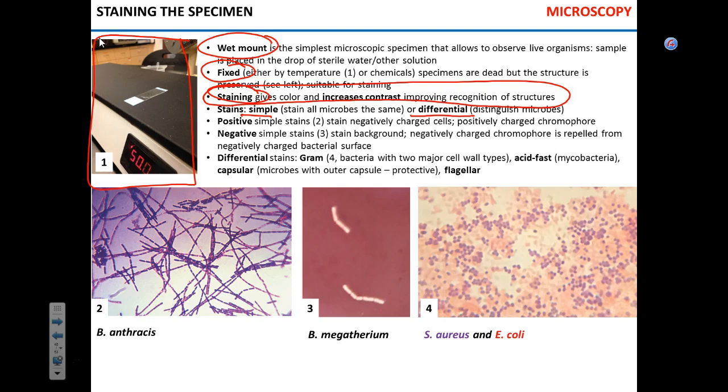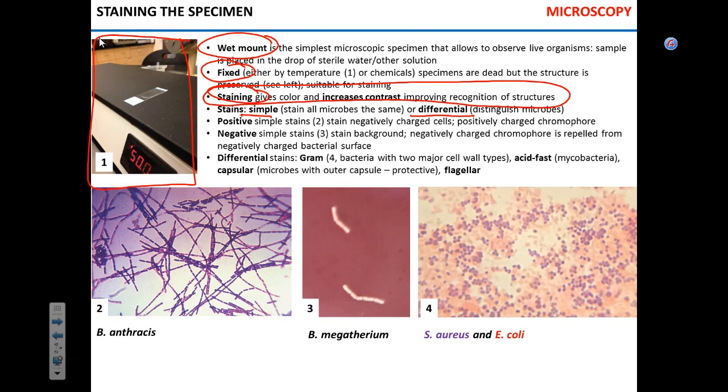If you stain Bacillus anthracis, E. coli, or Mycobacterium tuberculosis, they will all appear the same. Differential stains allow you obviously to distinguish microbes based on their different properties. Maybe internal structures like endospore, can be external structures like flagellum, or it can be a structure of the cell wall.